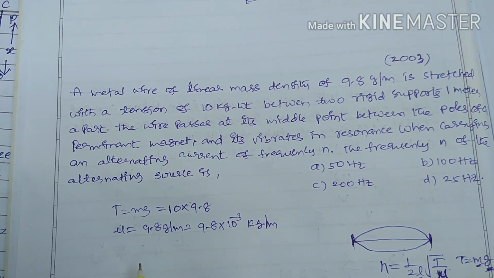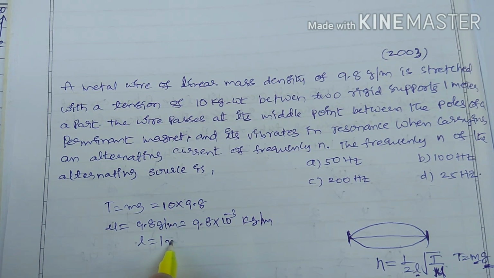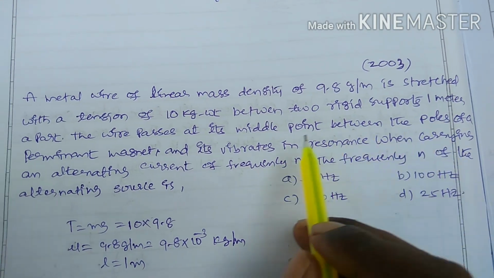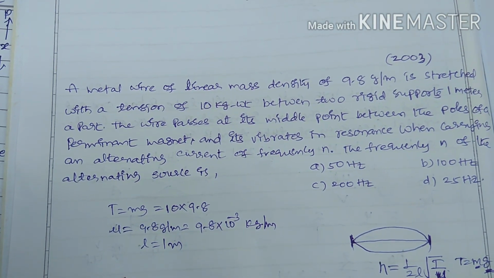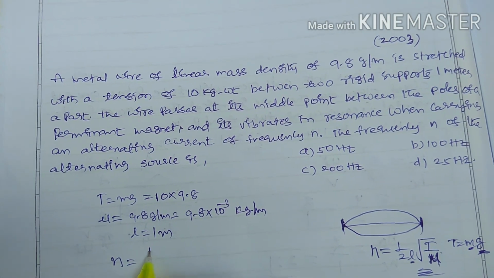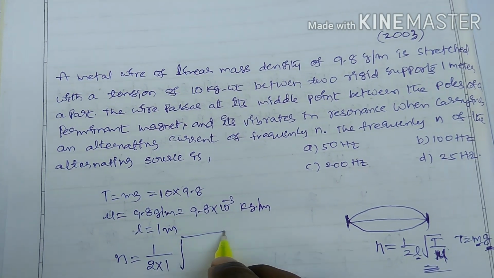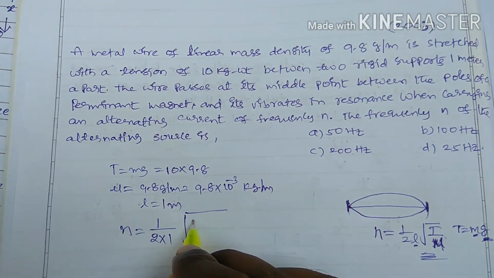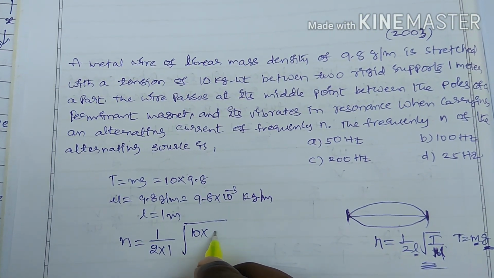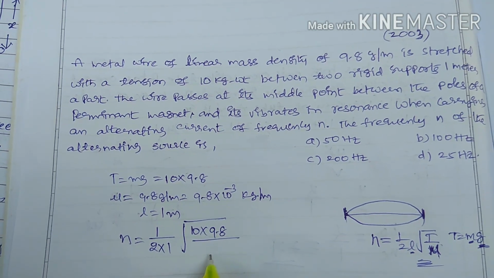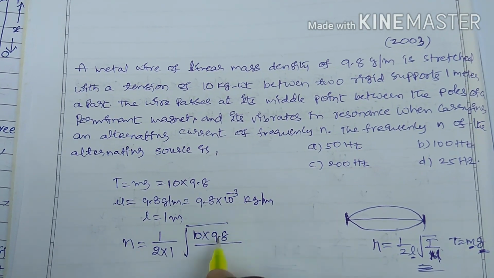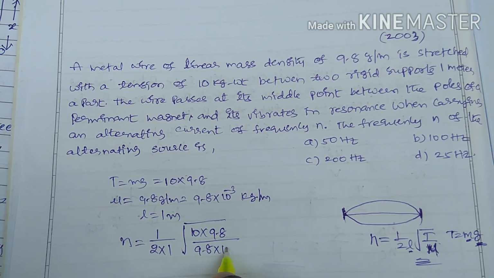L is equal to 1 meter. So we have to substitute all those values. It is 1 by 2 into L, nothing but 1, under root of T, which is 10 into 9.8, by mu, nothing but 9.8 into 10 power minus 3.